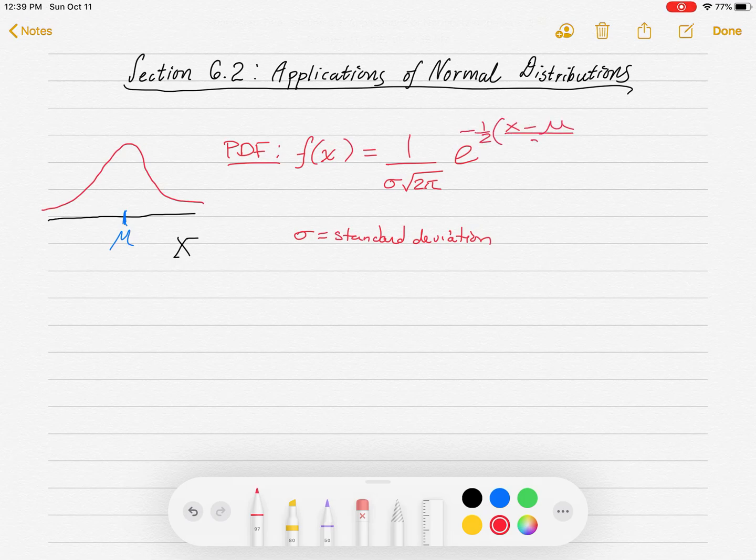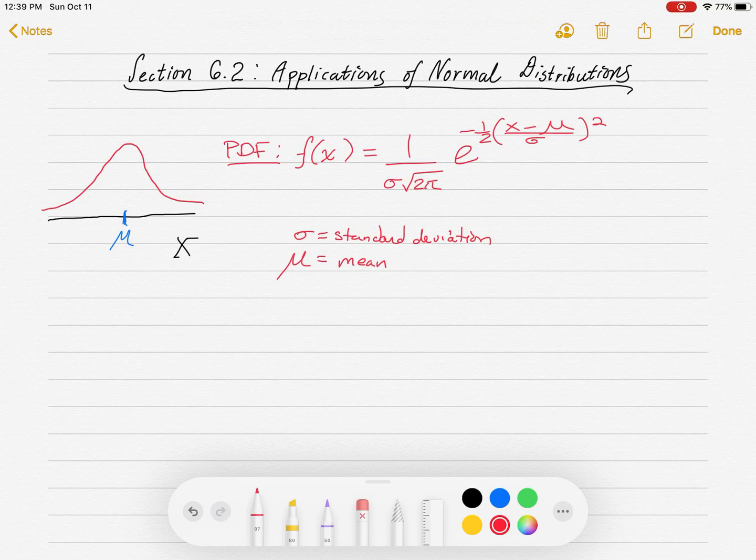So these are just all numbers, right? Sigma is just a number. This is going to be multiplied by e to the negative 1/2 x minus mu over sigma squared. Okay, mu here is just the mean. So sigma is going to be a number, that's going to be your standard deviation.